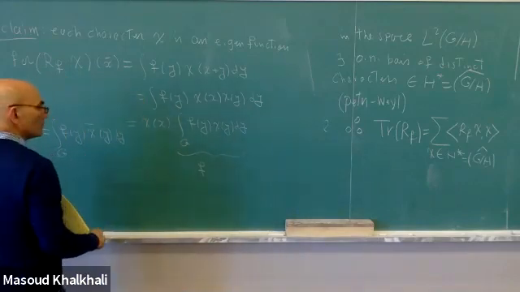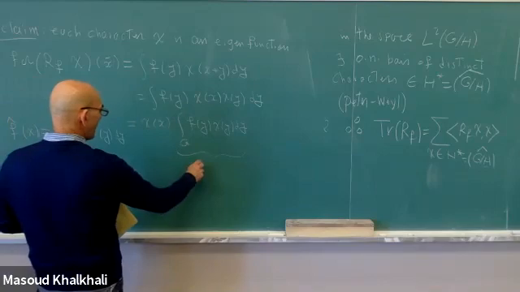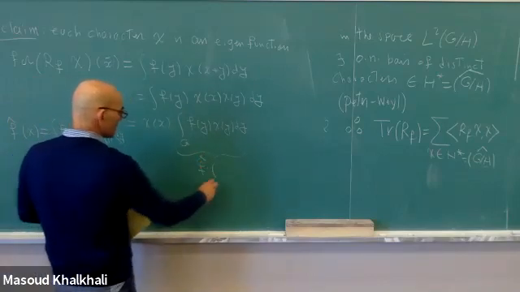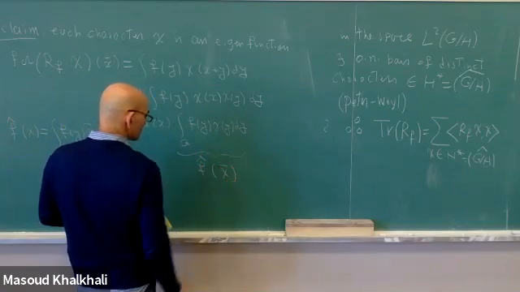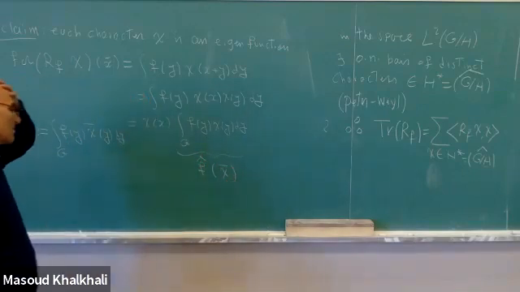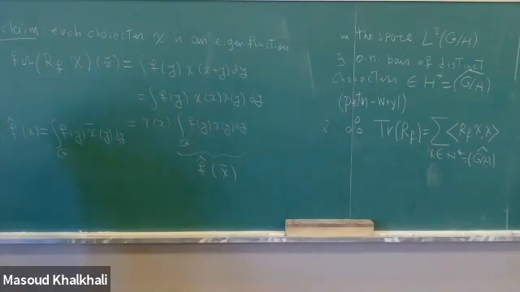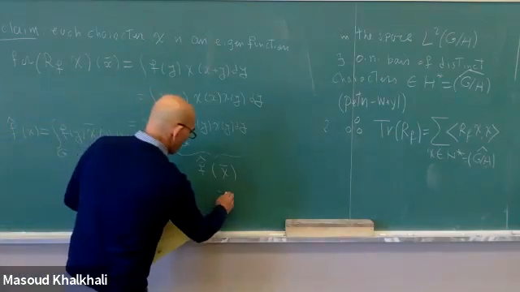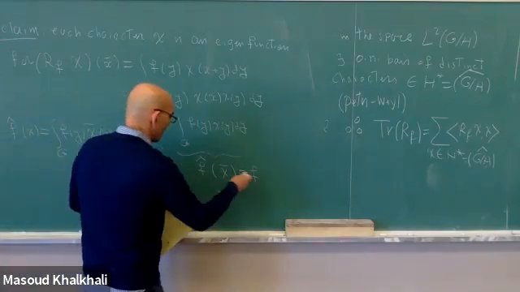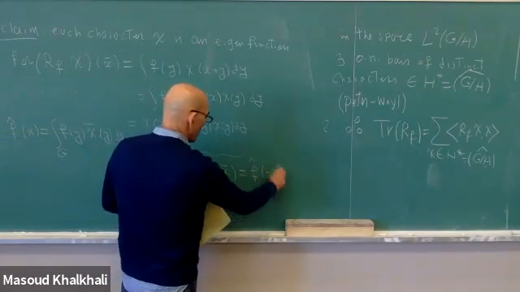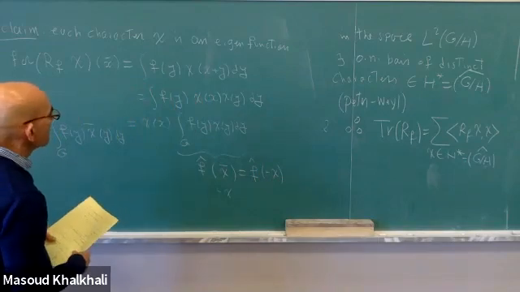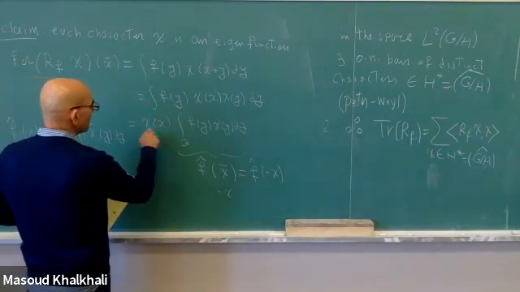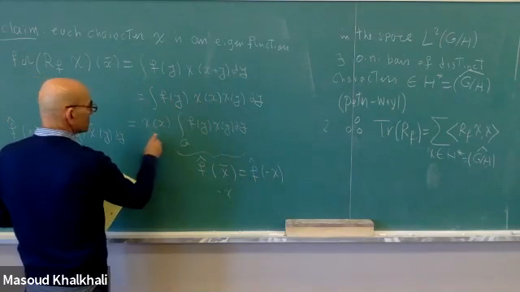So this is like f hat on this character chi bar, which is the negative of, this is really minus chi in the group of characters, f hat of negative chi. All right.